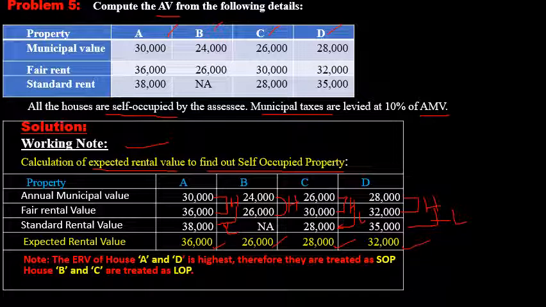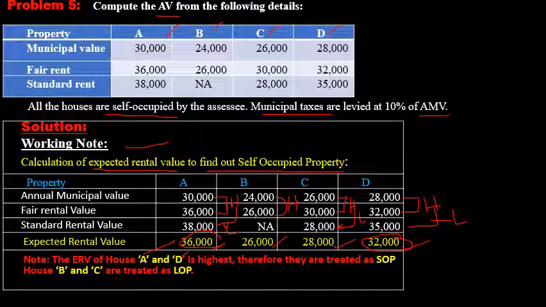So as per our calculation, the expected rental value of house A and house D is the highest. House A 36,000 and house D 32,000.